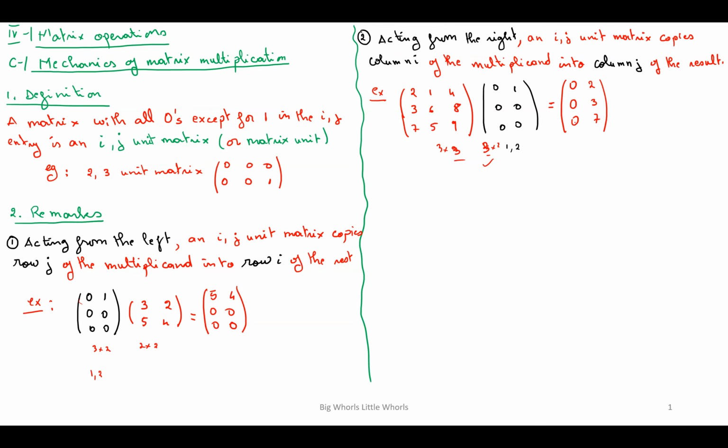Okay, if you multiply them, and the definition here says that it is going to copy column 1 into column 2. So column 1 is 2, 3, 7. So as you can see here, it copies it into the second column.